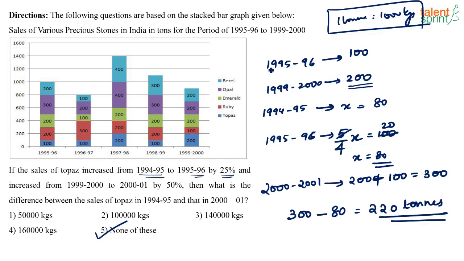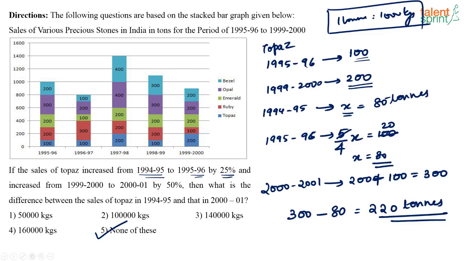See in the question, if you see 1995-96 topaz 100 tons is being sold. Okay, now it is given that in 94-95 if X tons of topaz was sold, 5 by 4th of that is this 100, or what is X? X is nothing but 80. So you get what is X. So in 1994-95 80 tons of topaz is sold.